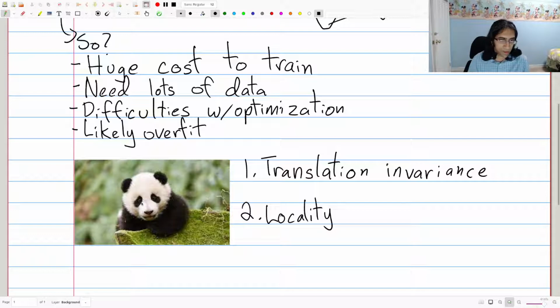We don't need to look at this pixel right here and then this pixel over there to recognize a panda. We're looking at things which are close in space to identify whether there's a panda or not. So we want our neural network to have connections that only need to look at nearby pixels.